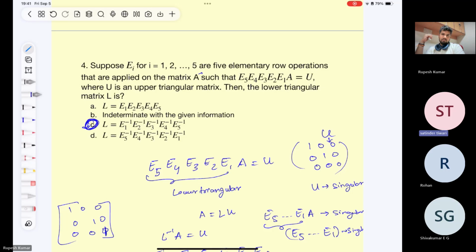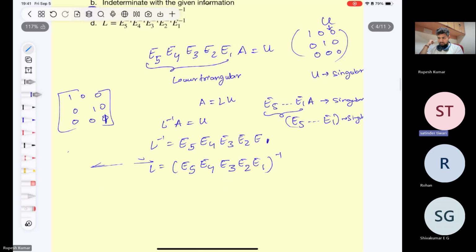That problem will arise in the system of equations.